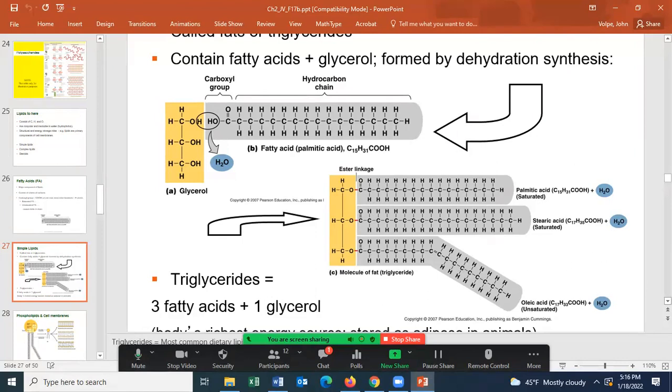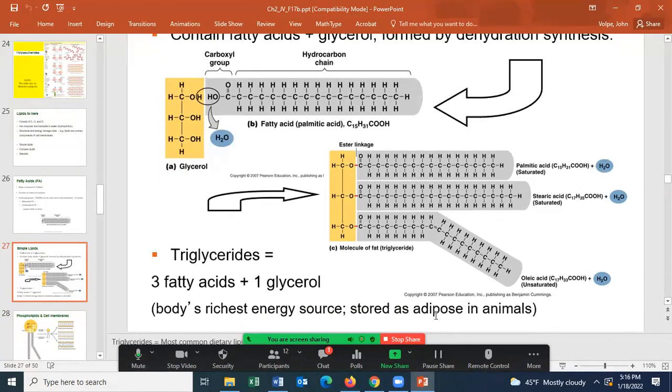And this is the most common fat we have in the body. It's also the body's richest energy source, and it's stored as adipose in animals. And you can see triglycerides if you look down at your belly. Any question about any of that?